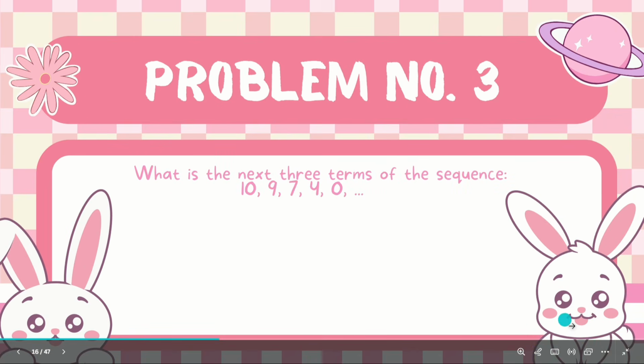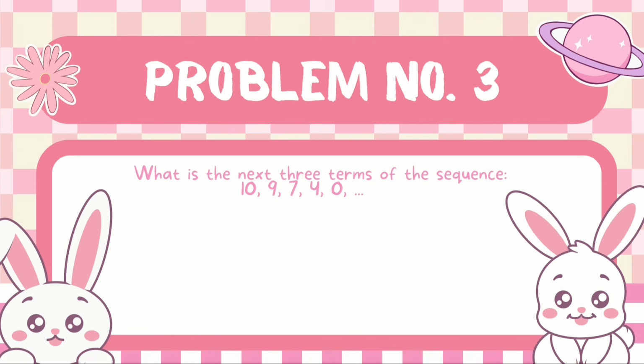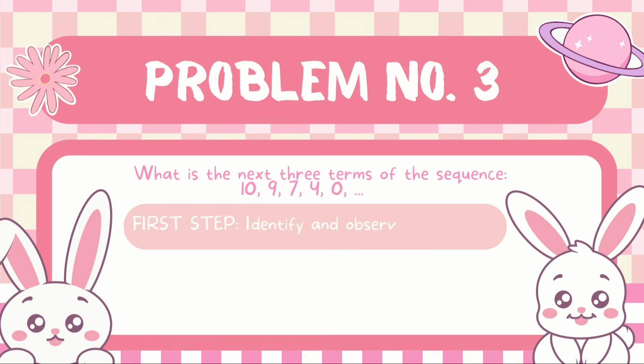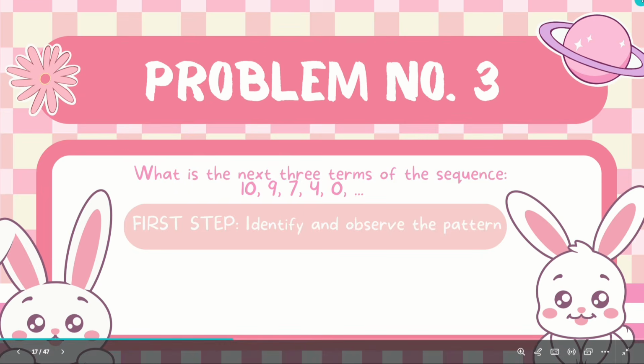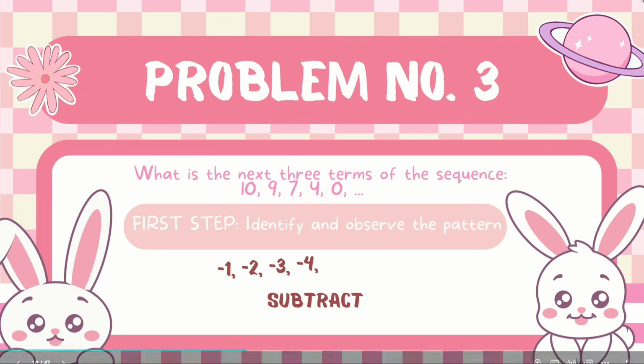Problem number 3. What are the next 3 terms of the sequence 11, 10, 9, 7, 4, 0, and so on? First step is to identify and observe the pattern. What would be the possible outcome for this?